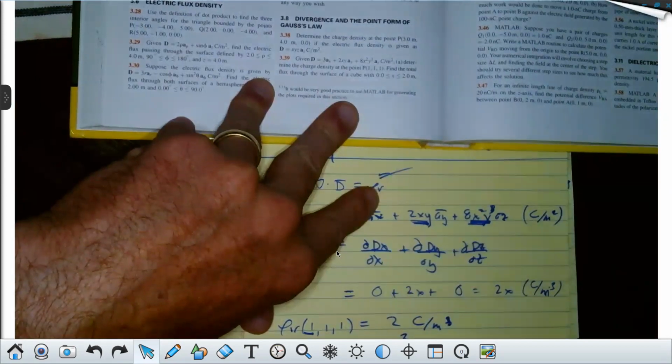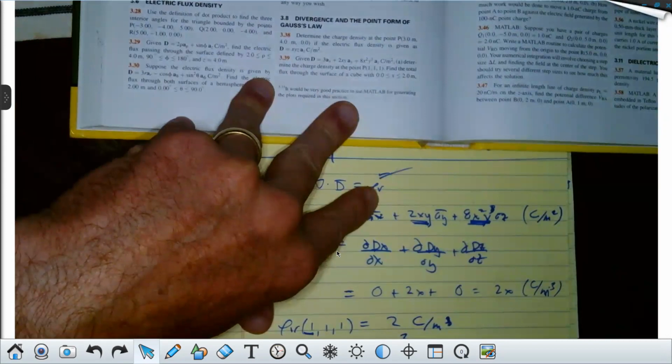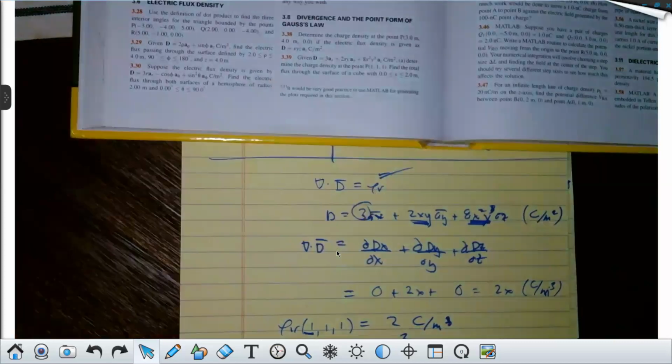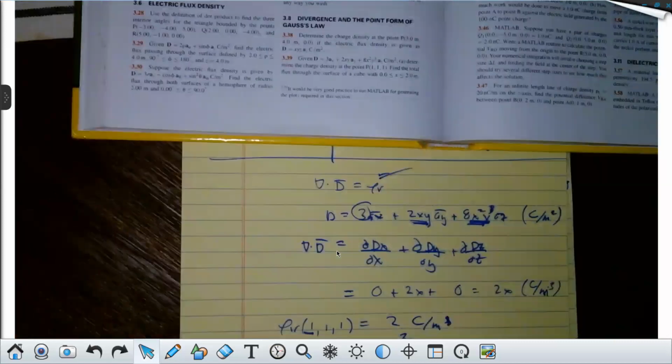So here's 2 meters, here 2 meters, and here 2 meters. He wants a cube where x, y, and z go between 0 and 2. Y'all follow me? Now he should have said that, but he didn't.